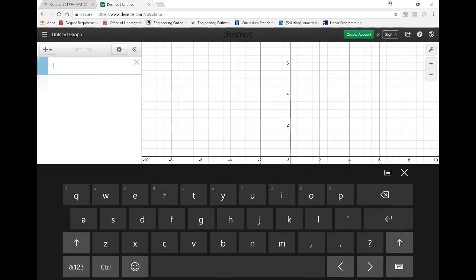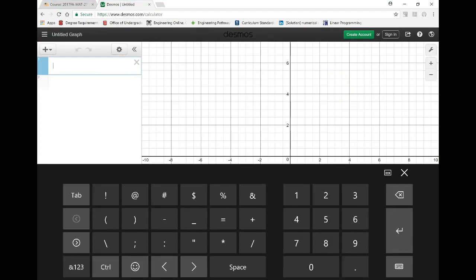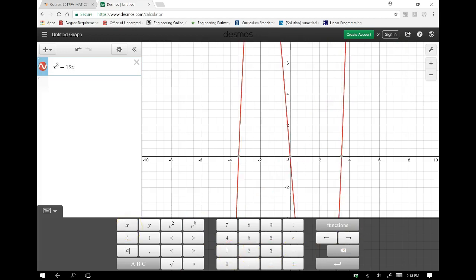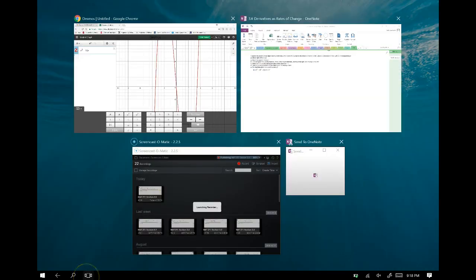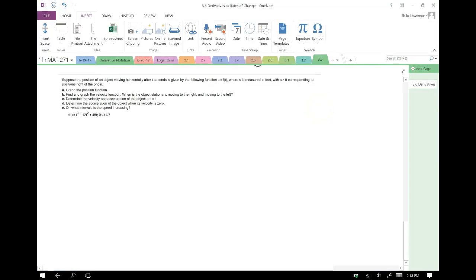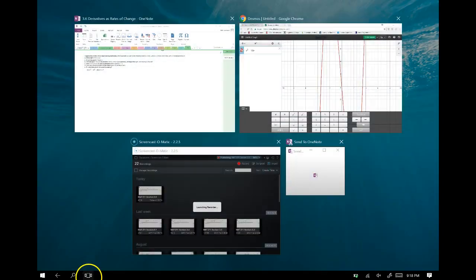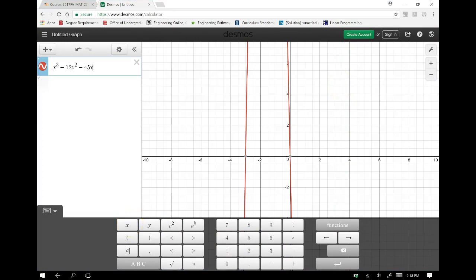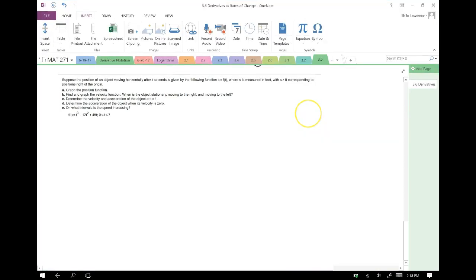So our function is, oops, I'm just going to use x instead of t. X cubed minus 12x squared plus 45x. And they just want between 0 and 7.